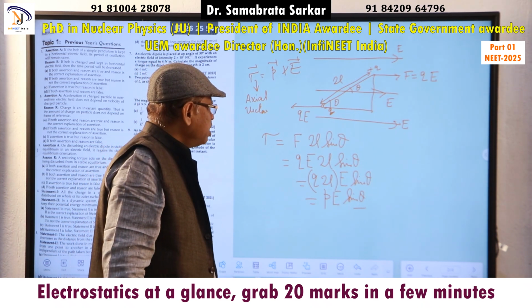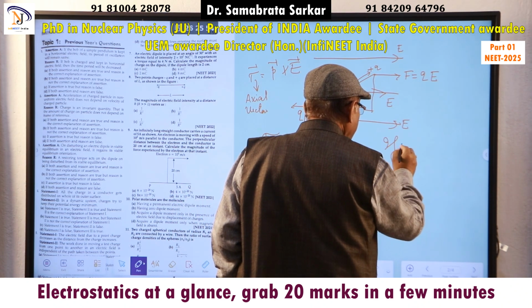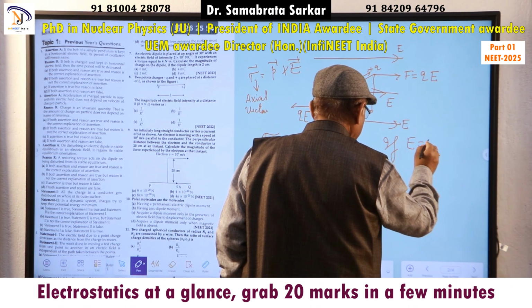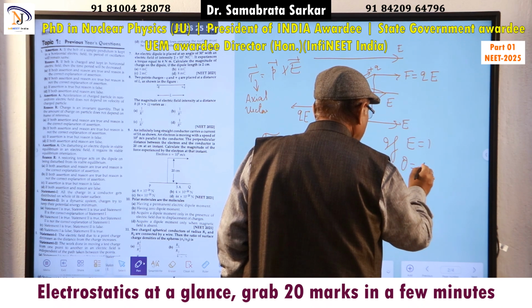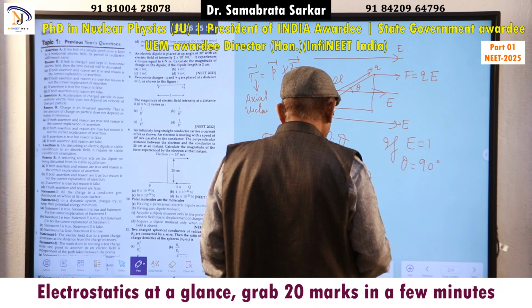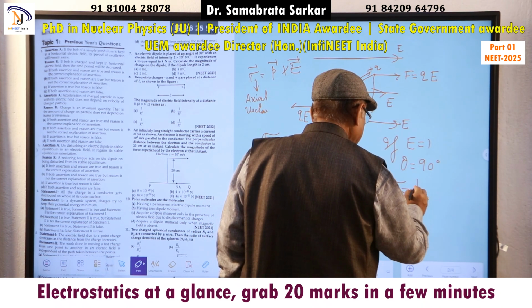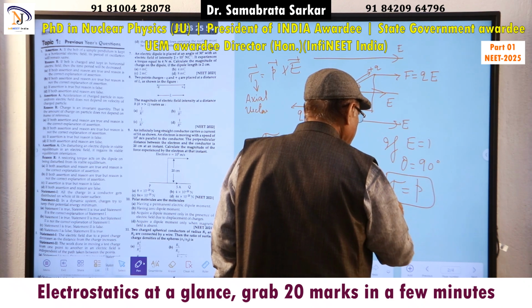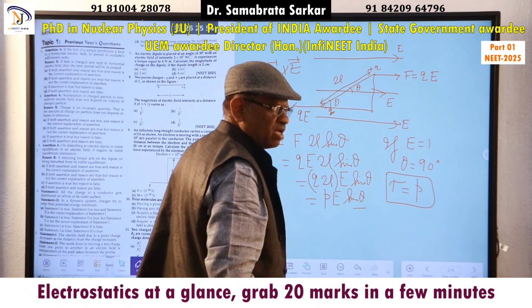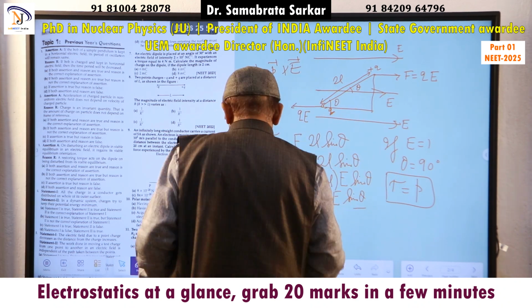How can I do? If E equals 1, theta equals 90 degree. Okay, then what can you write? Tau will be equal to P. Just to see, both are identical.